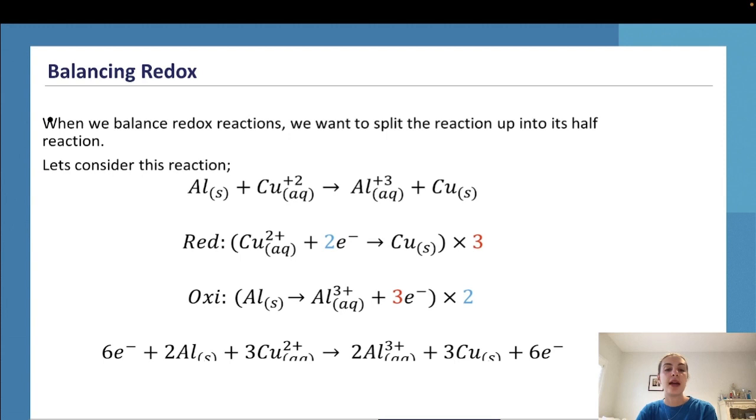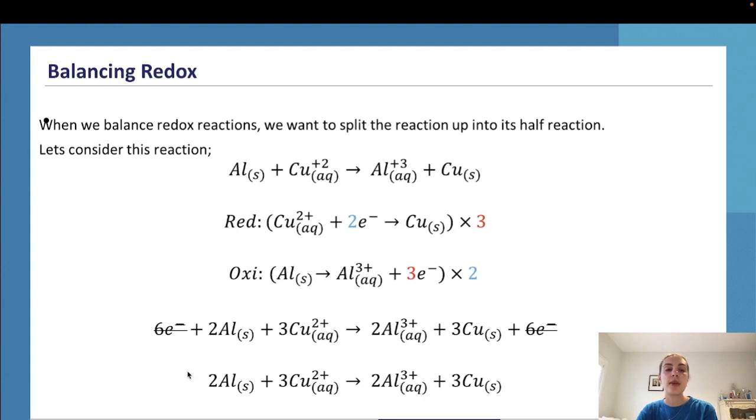And then with our aluminium, we've got 2 aluminium on this side and 2 aluminium on this side, so that is balanced. Then with our copper, we've got 3 copper on this side and 3 copper on this side, so that is balanced as well.